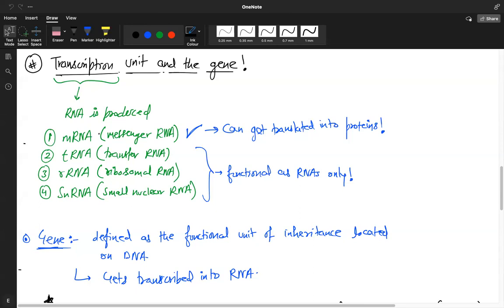You understand, everyone? Only mRNA will get translated into protein. All other RNAs, tRNA, rRNA, or snRNA, function as RNAs. They do not code for proteins.